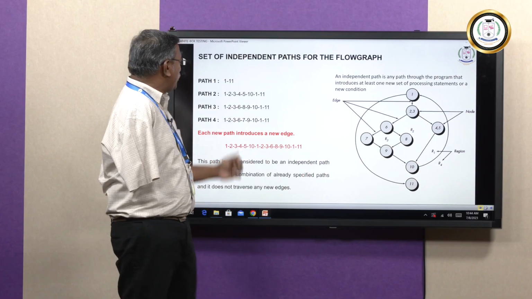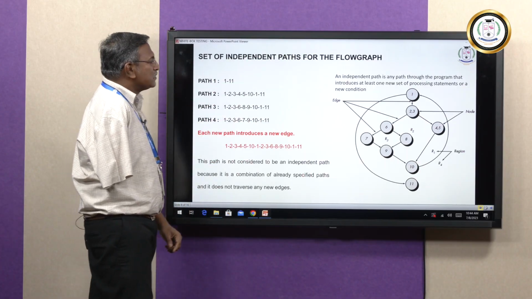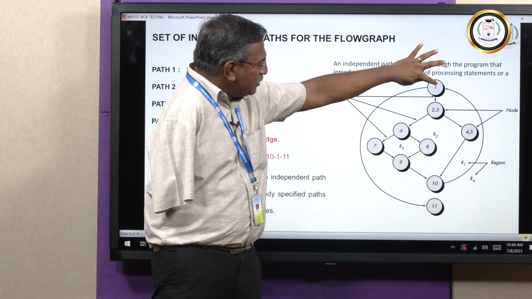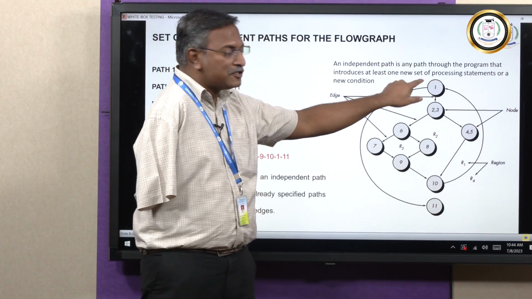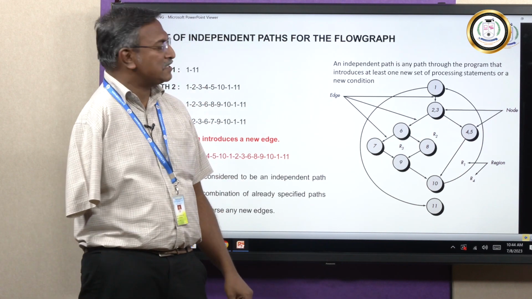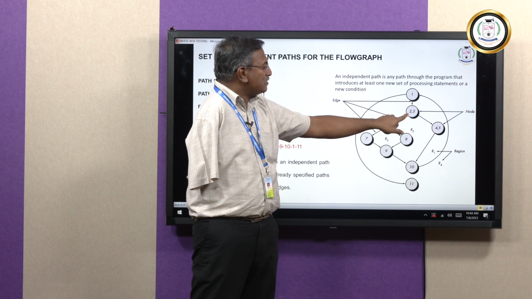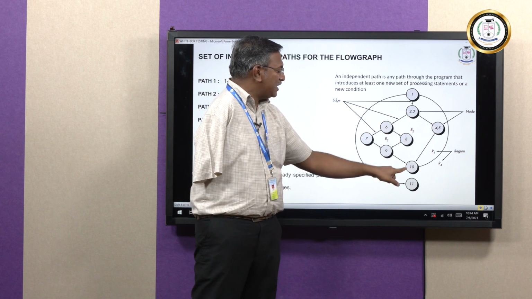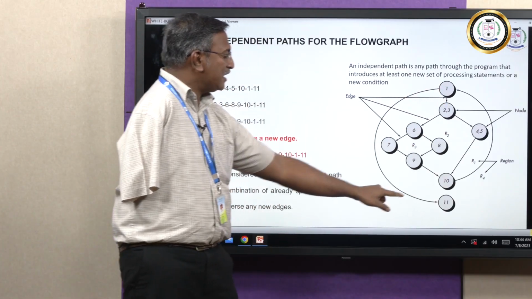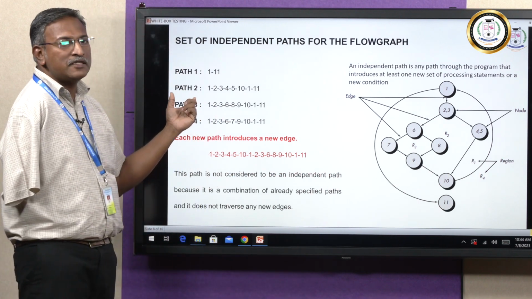For path 2, there should be a new condition or new processing statement: node 1, 2, 3, 4, 5, 10, again 1 and 11. So it forms path 2.